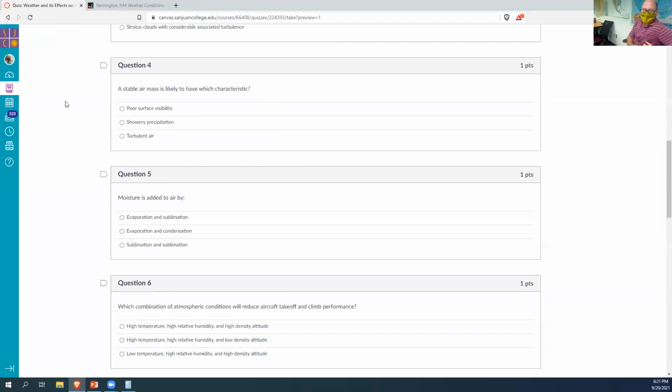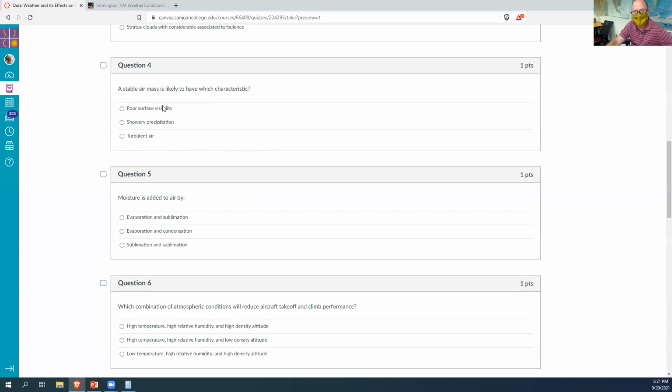All right, question 4. A stable air mass is likely to have which characteristic? Poor surface visibility, showery precipitation, turbulent air. Didn't we already talk about 2 of these? Poor visibility is also a characteristic of stable air. What about the showery precipitation? That can be it too. So which one's a better answer?